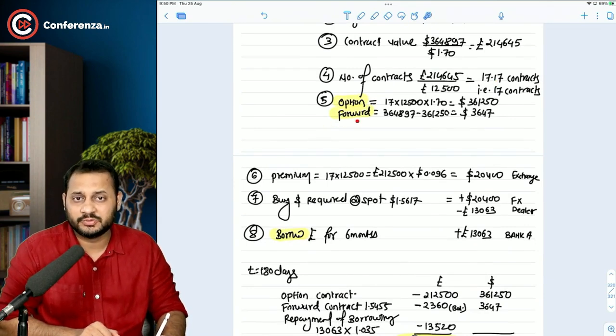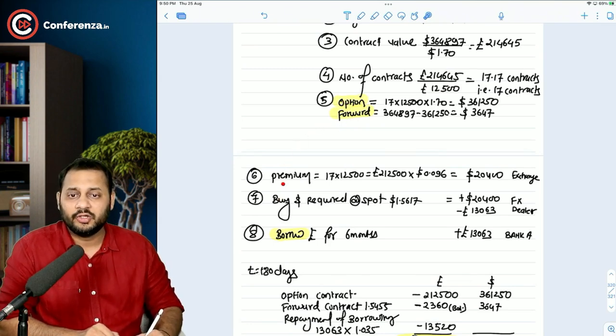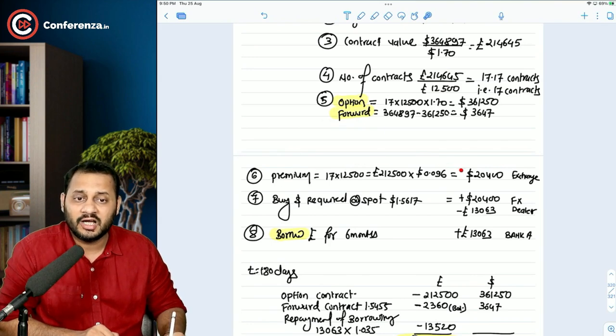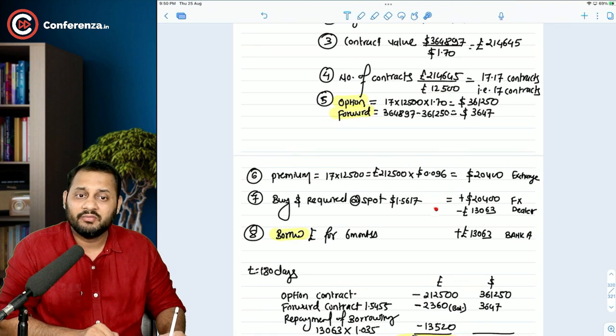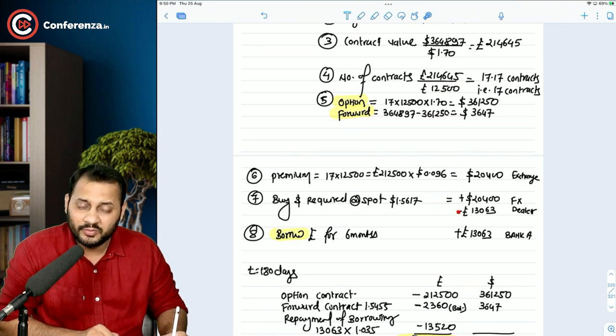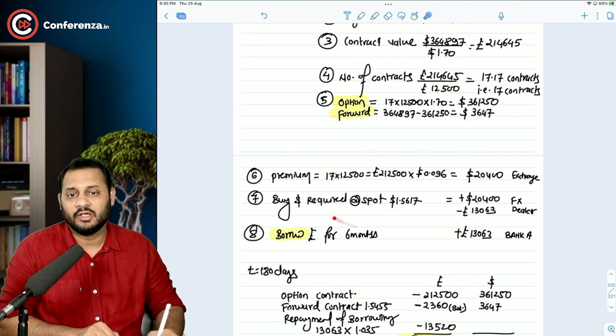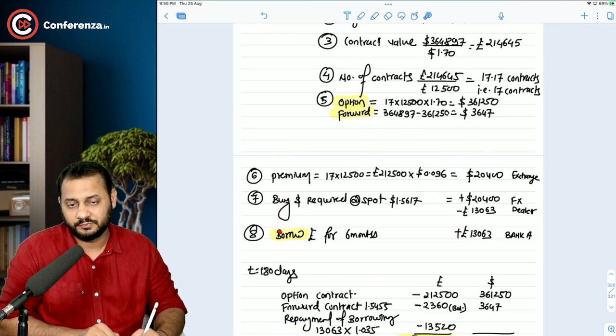For the unhedged portion we can take the forward rate, and it comes under the option contract itself. Because of the option we are going for the forward now. And in order to pay the premium, which is not in our home currency, we will have to buy it first. And in order to buy it, we will have to make the payment in home currency, which will have to be borrowed. So the premium transaction has taken these 3 steps, 6, 7 and 8.